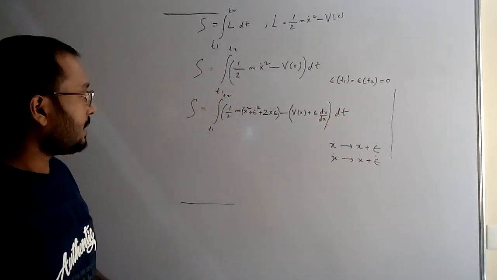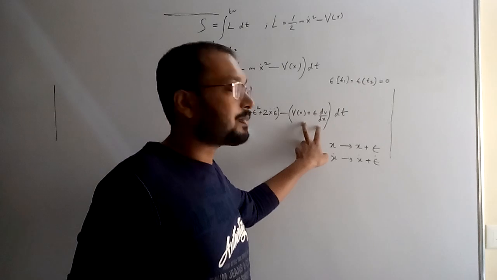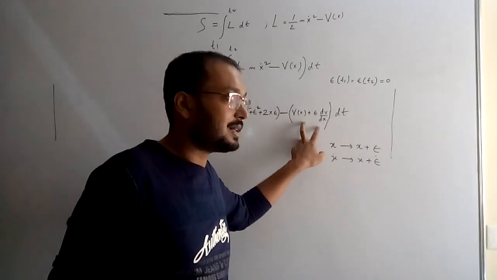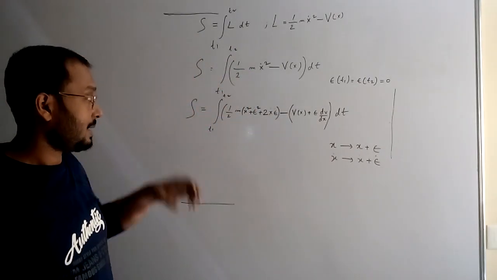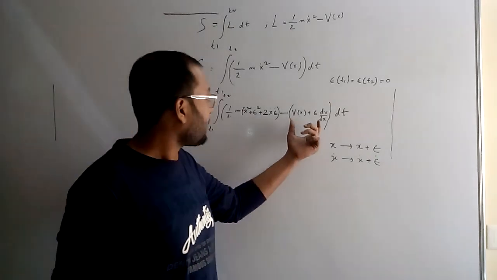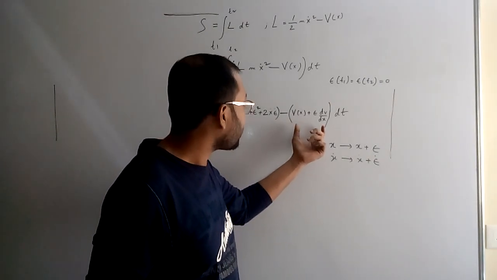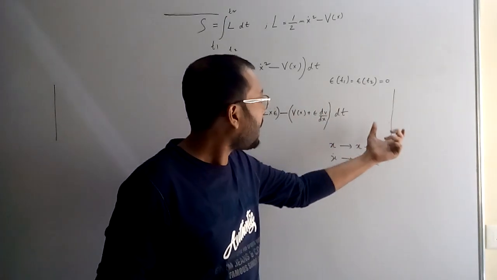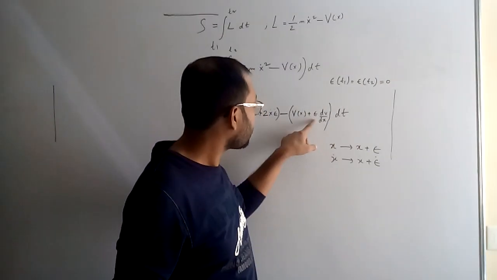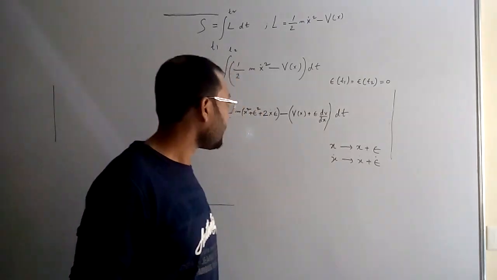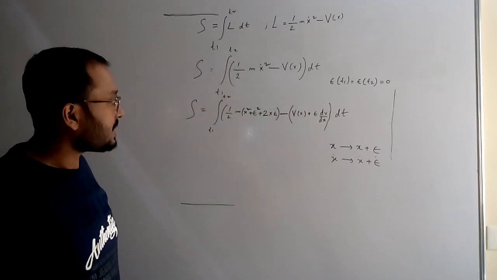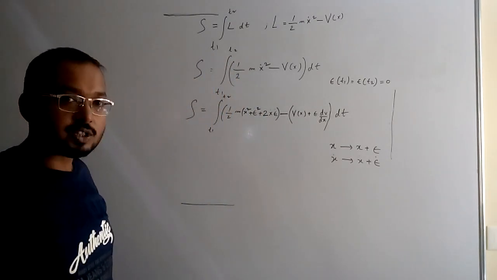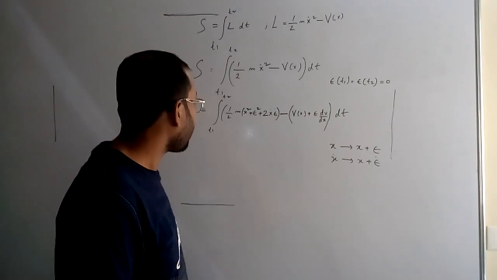This is the curtailed Taylor expansion of V of x plus epsilon. Of course, this is not exactly equal to V of x plus epsilon. For the exact expression, I would have to write down many higher order terms containing higher powers of epsilon. But because epsilon is small, its powers are even smaller, therefore I get to ignore them.